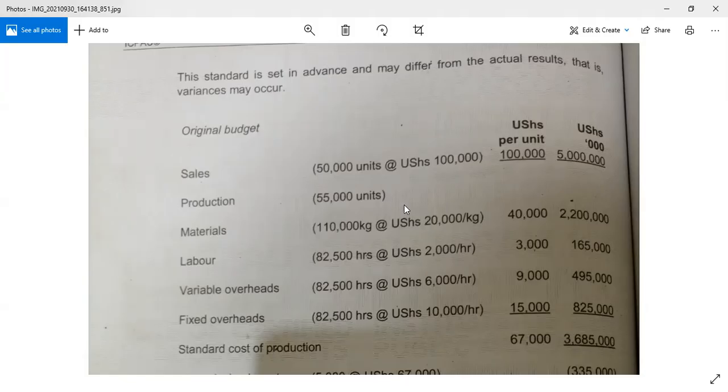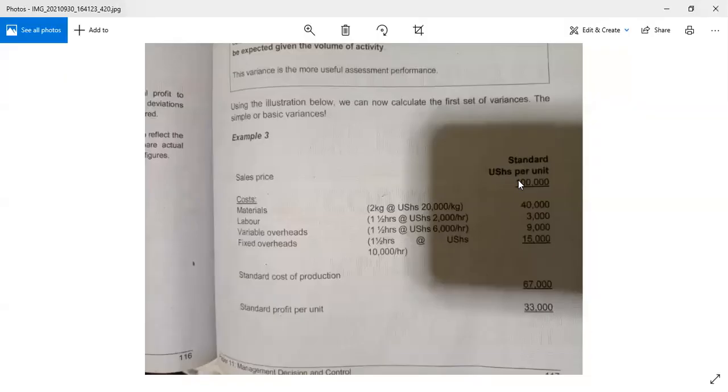And this 20,000 per kilogram is what is on our materials on the other side. So that's why the two things actually have a relationship: the standard cost statement and the budgeting. The 100,000 is here that I'm talking about. The 20,000 is here for the materials. The 33,000 that has been used is also right here. So they have some element of relationship between each other, okay.